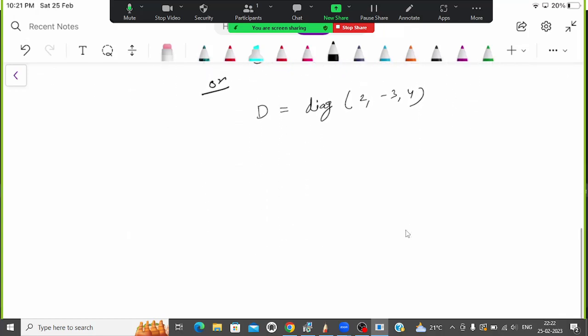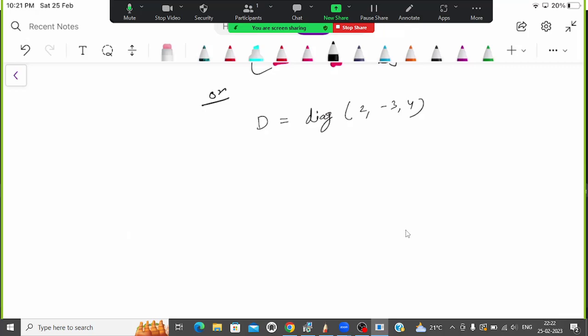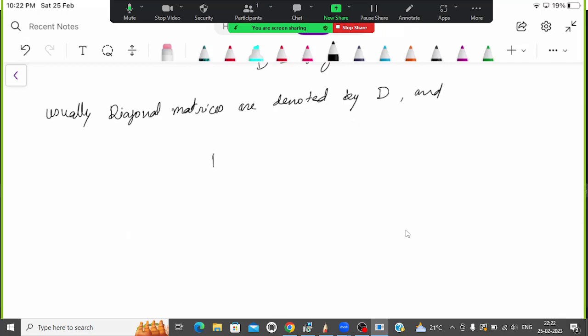And usually diagonal matrices are denoted by the capital letter D, and it is written like capital D equals diag(d1, d2, ..., dn).